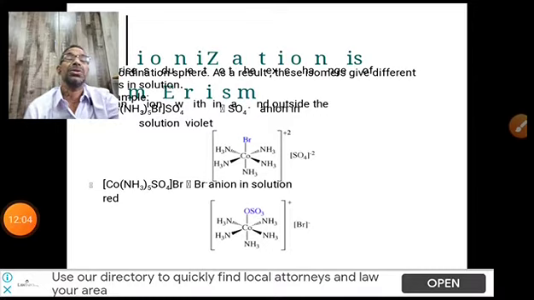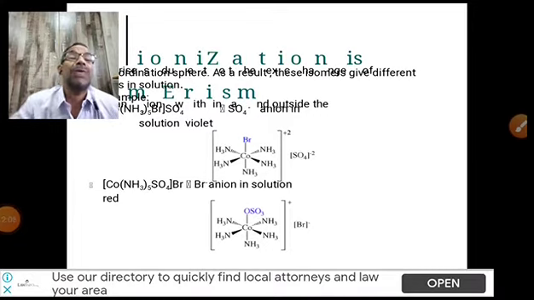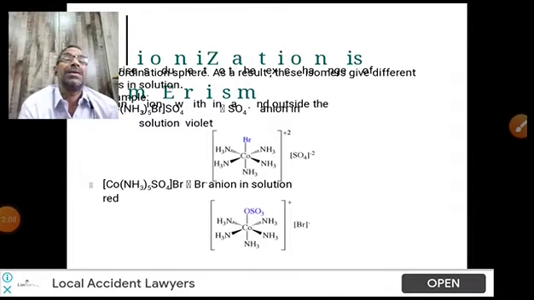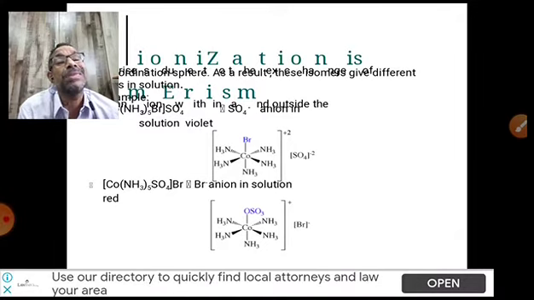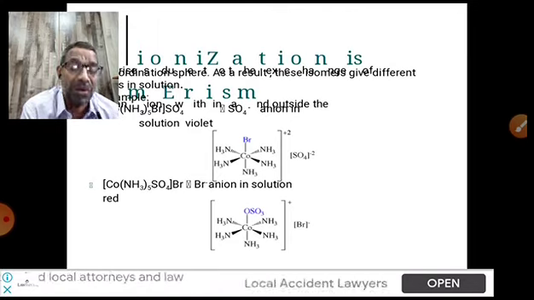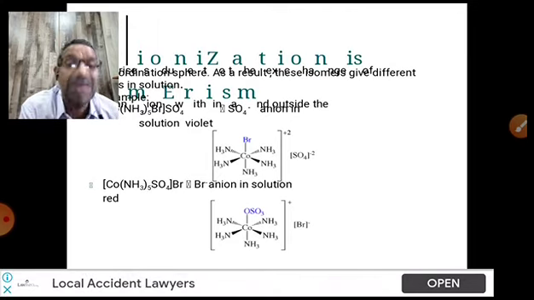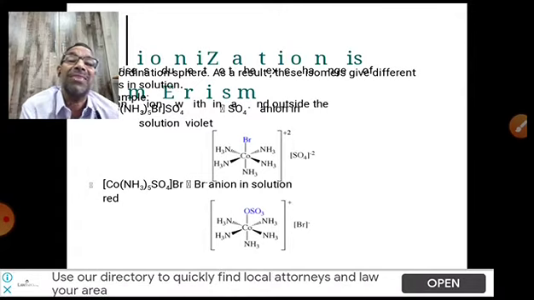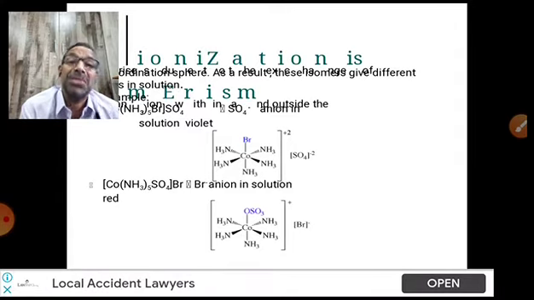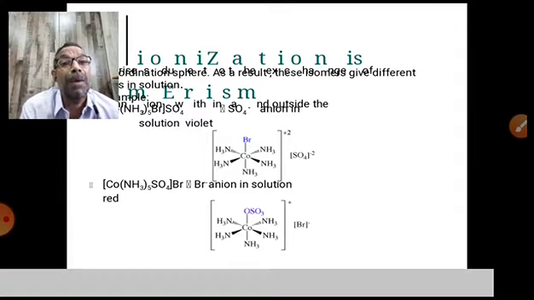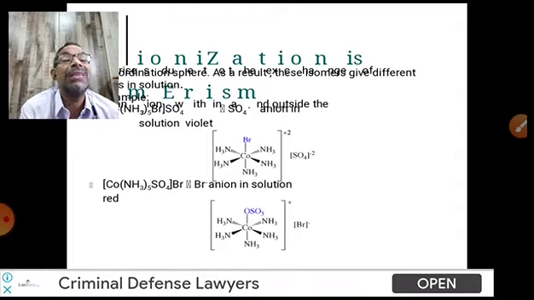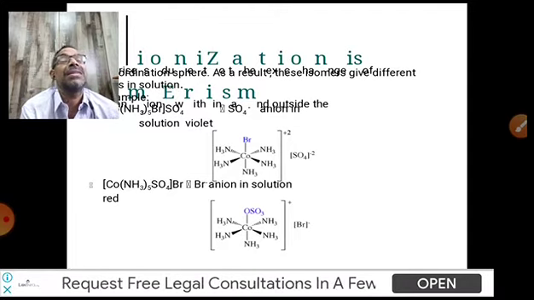First, we'll discuss ionization isomerism. The name itself makes it understood: two compounds have the same formula, but when dissolved in a solvent or in aqueous solution they give different ions. The ions are different, so though the compounds have the same formula, their properties change. They exhibit different properties due to the different ions present in solution.